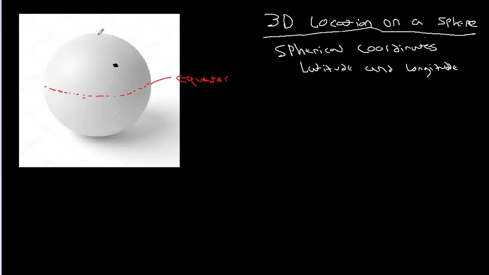But for east-west, we had to make an arbitrary decision, and we chose the one that goes through Greenwich, England. So to divide east-west, we have the prime meridian.